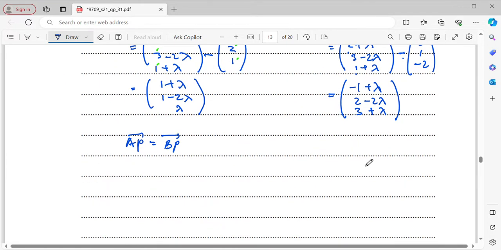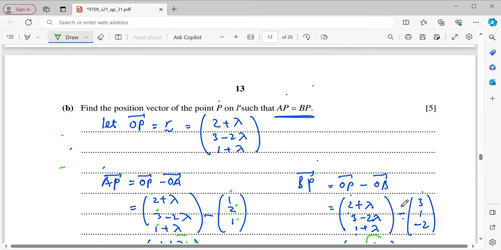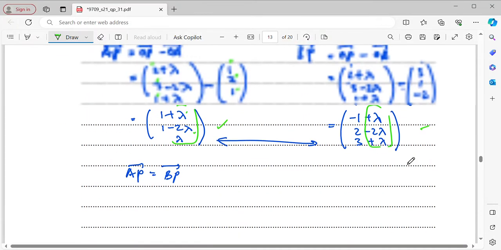Because if I directly equate these two vectors, my lambda, you see all the direction vectors here will be the same. So when you simplify, when you equate them, the lambda will be cancelled off. So now since you have found these two vectors, we need to consider the length of these two vectors, then equate them.